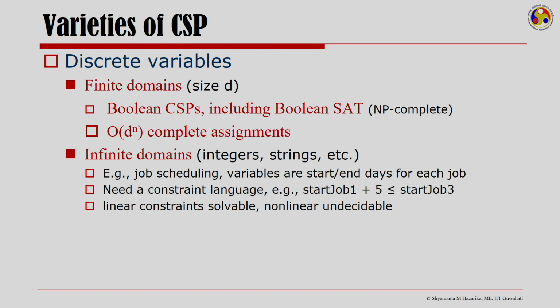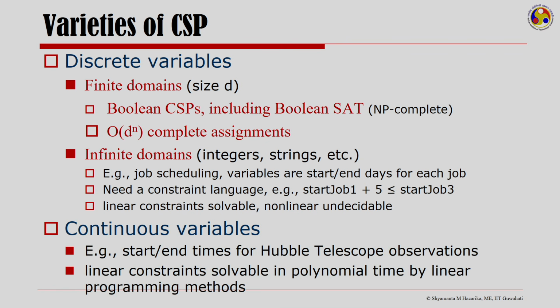We have infinite domains, domains that have integers, strings, etc. For example, in job scheduling, they need a constraint language, and linear constraints are solvable, nonlinear are undecidable. Then we have continuous variable constraint satisfaction problems, where for example, the start and end times for the Hubble telescope observation.